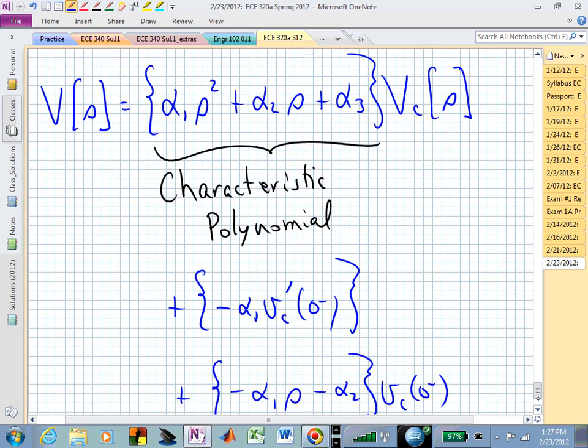I've simply tried to collect some common terms on the right-hand side. And what's scaling v sub c of s, I'm going to divide through by that, both sides, and then I will be able to solve for the Laplace transform of my capacitor voltage in terms of my source and the initial conditions, which I can then inverse Laplace transform.